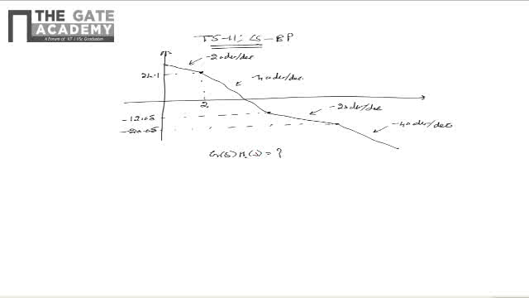From this data, we can say that as the initial decay is minus 20 dB per decade, the system is type 1 system.